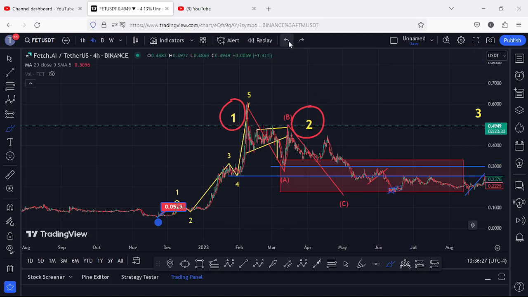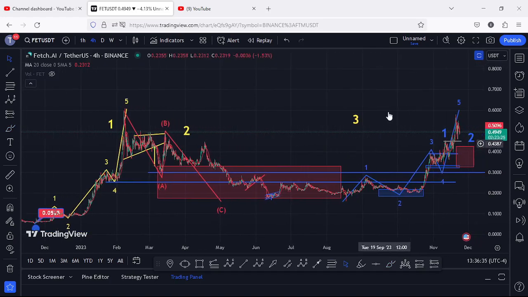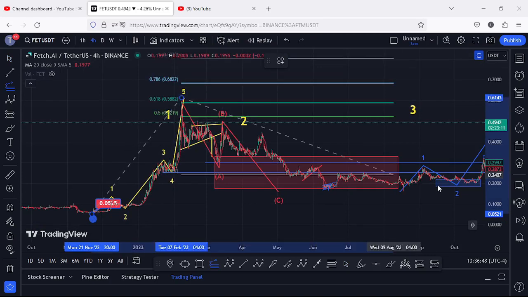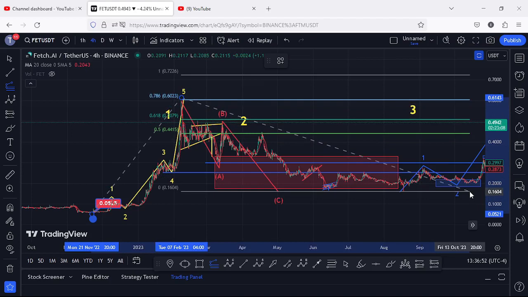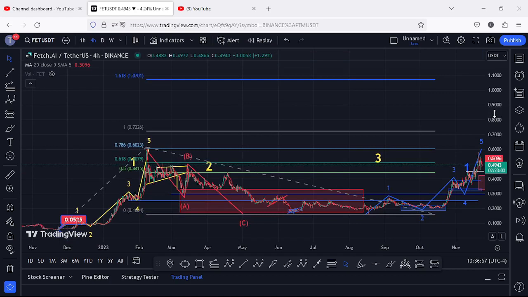And there are high chances that we now have a low in place for the second wave, and we are now reacting to the upper side in what could be the start of an aggressive move in the formation of this wave 3. Its minimum target area can be given by connecting the trend-based Fibonacci from the low of the first wave to the high of that wave 1, then dragging the fibs to the low of the second wave, giving me a minimum target area for the third wave at the fib level 1.618, and that is above the $1 mark, which is the minimum that we can expect Fetch AI to do in the formation of that wave 3.